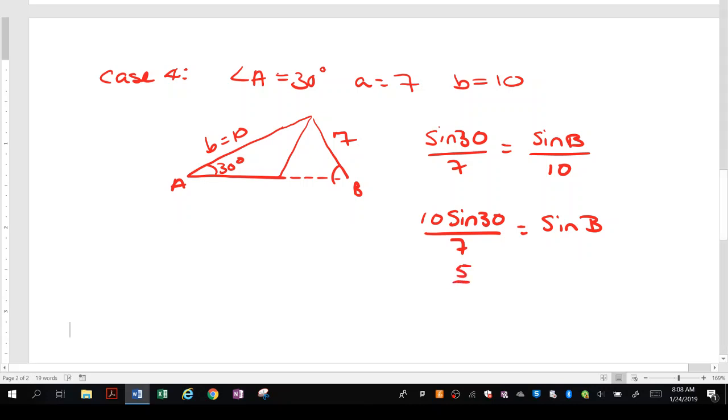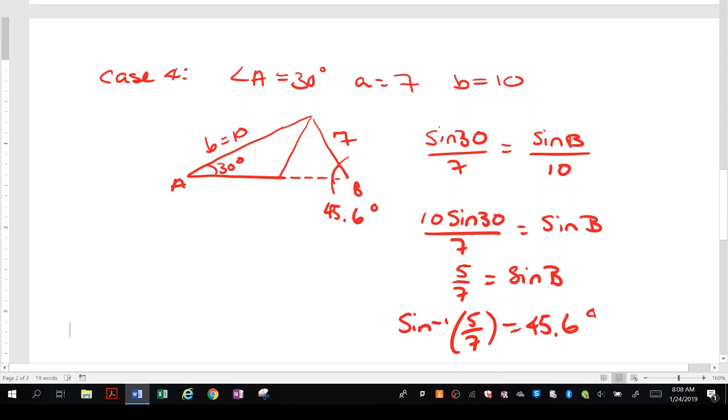So 5 over 7 is equal to sine B. And when we take the inverse of 5 over 7, this happens to equal 45.6 degrees. So this angle here is 45.6 degrees.